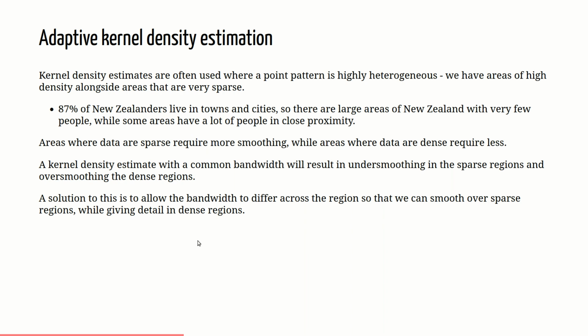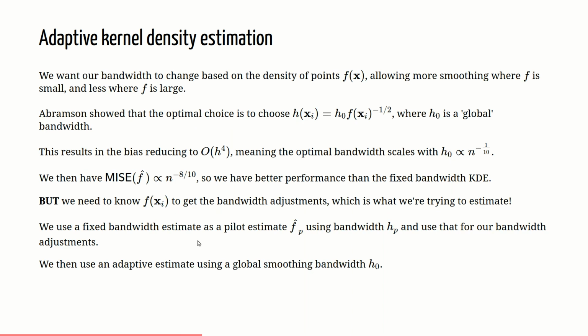Okay. Now, of course, the question is, how do we do this? So it turns out that it makes sense to change the bandwidth based on the density of points, right? That's just what we've basically been talking about. In areas where there's lots of points, so where f of x is high, in terms of density, we want less smoothing.